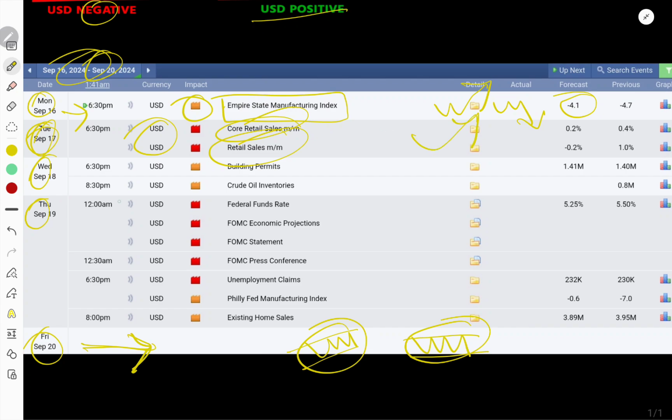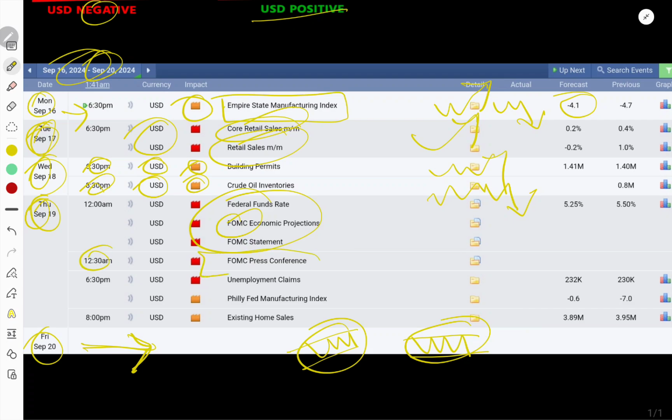And we have two news on Wednesday, both USD semi major news. So we will take the decision depending on the news data, buy or sell.